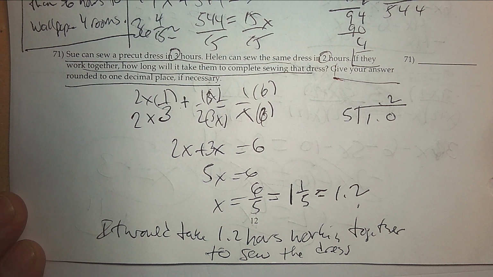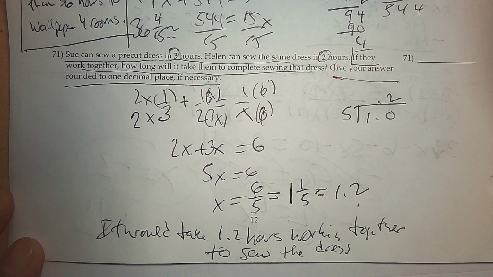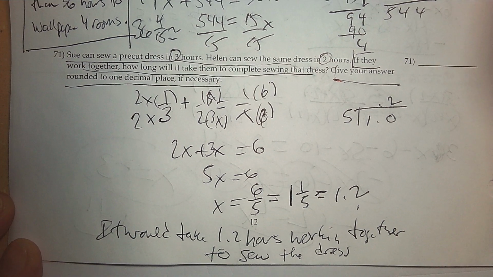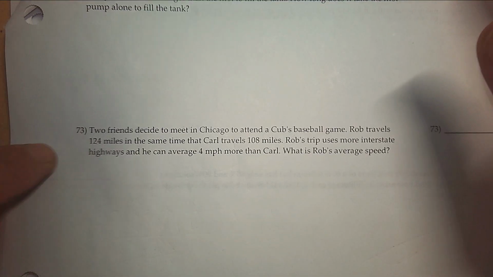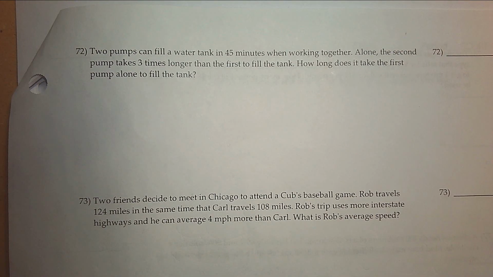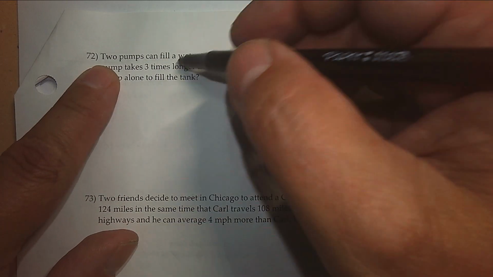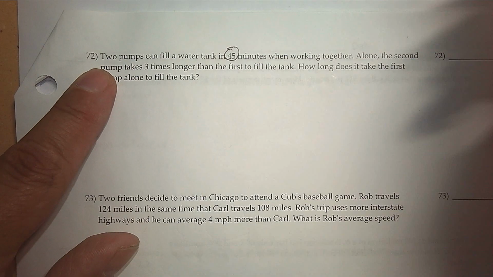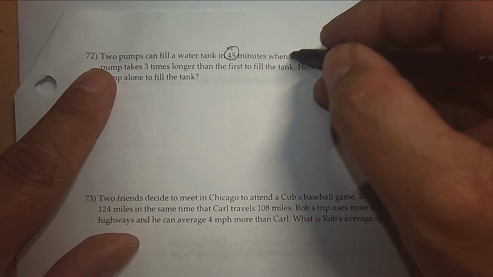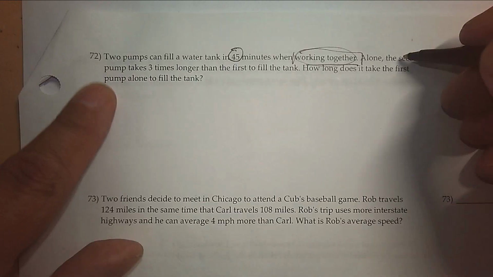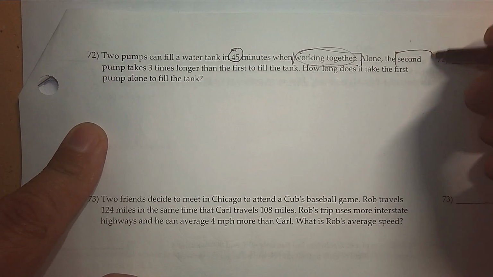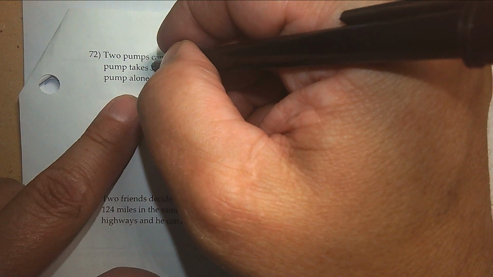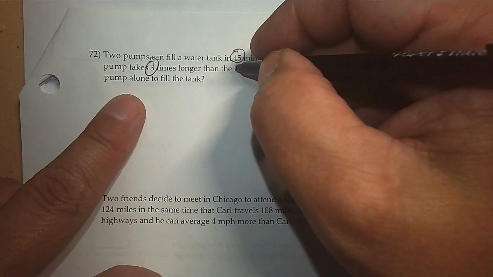Turn the page. Next story. What do you think the next story is going to be about? Same type of story. 73, it changes. So 72. 2 pumps can fill a water tank in 45 minutes when they work together. Alone, the second pump takes 3 times longer than the first.